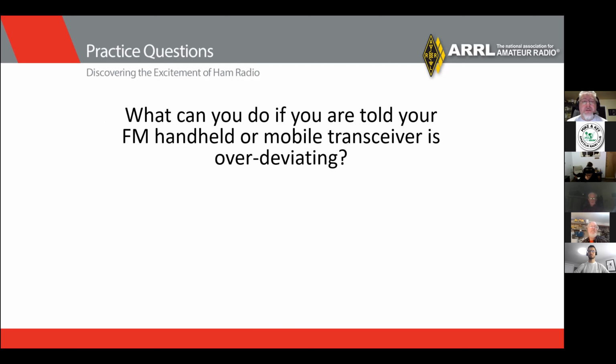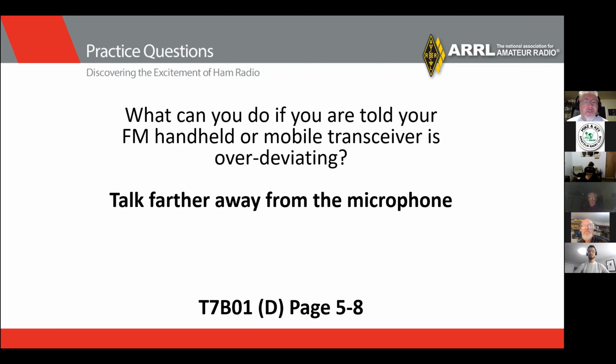What can you do if you are told your FM handheld or mobile transceiver is over deviating? Talk further away from the microphone. Yeah, it basically means you're talking too loud. When you deviate, you're deviating from your dial frequency. Remember I said it goes on both sides of the dial frequency?